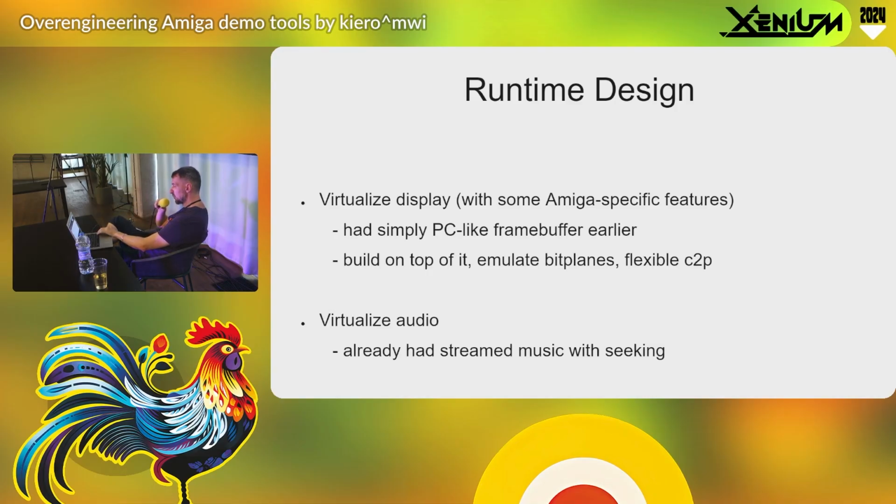Audio was obvious. We always went with streamed music, and using tools like Rocket, it didn't strictly require us to have streamed music because you could just pre-render the mod to the stream during the demo making, but we just went with it. That is also not gonna be a big point of this presentation.